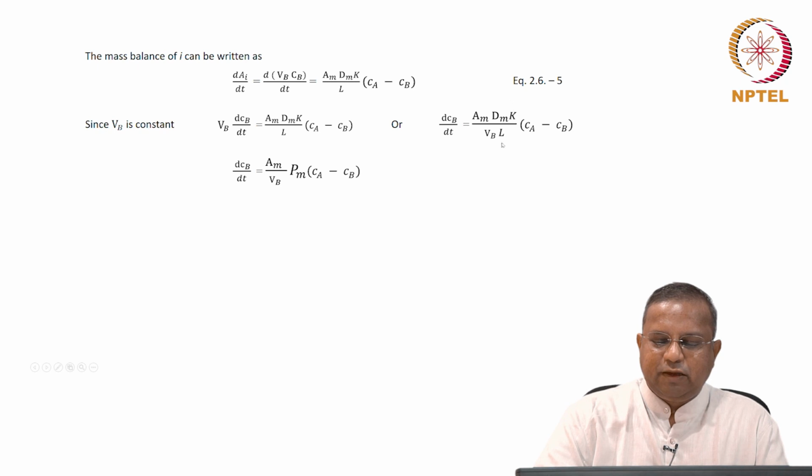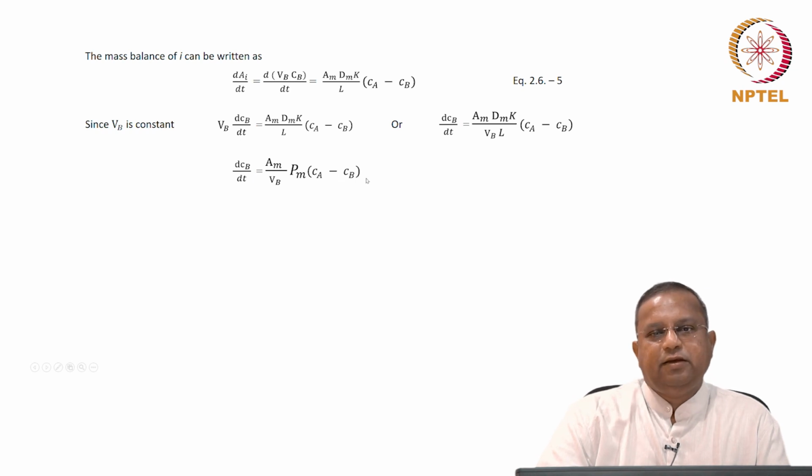You realize that D_m K by L is nothing but the permeability of the membrane. Therefore, the right hand side becomes A_m by V_b times P_m times (C_a minus C_b).